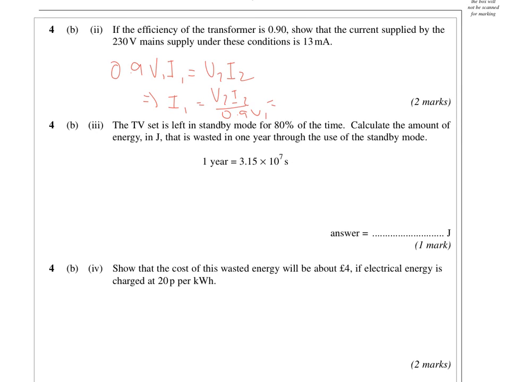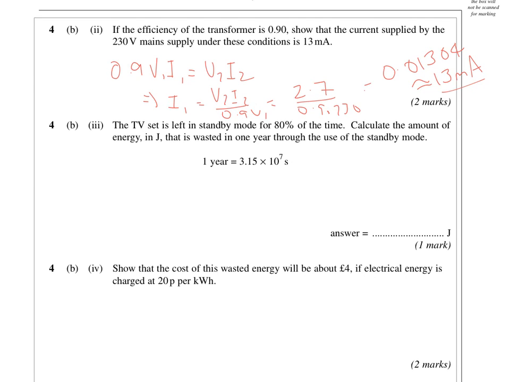So that's 2.7 divided by 0.9 times 230, which is 0.01304, approximately 13 milliamps.